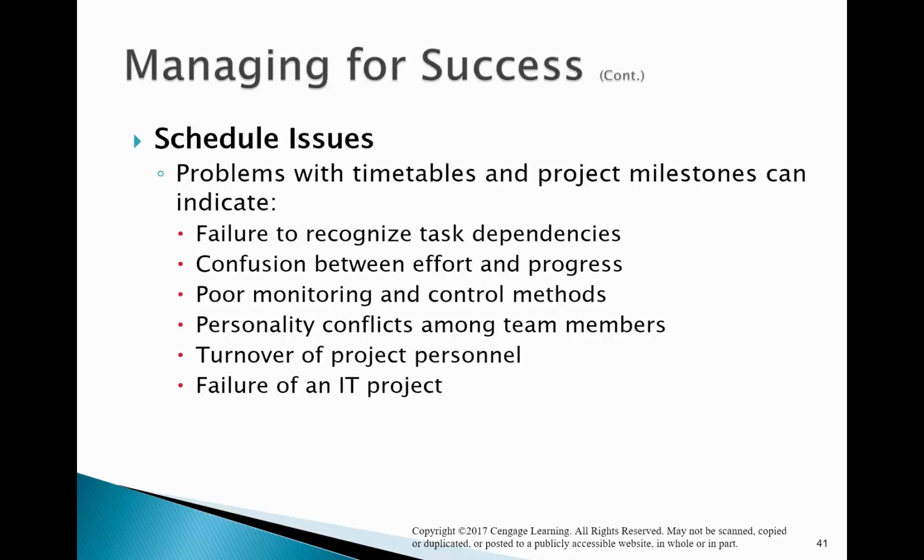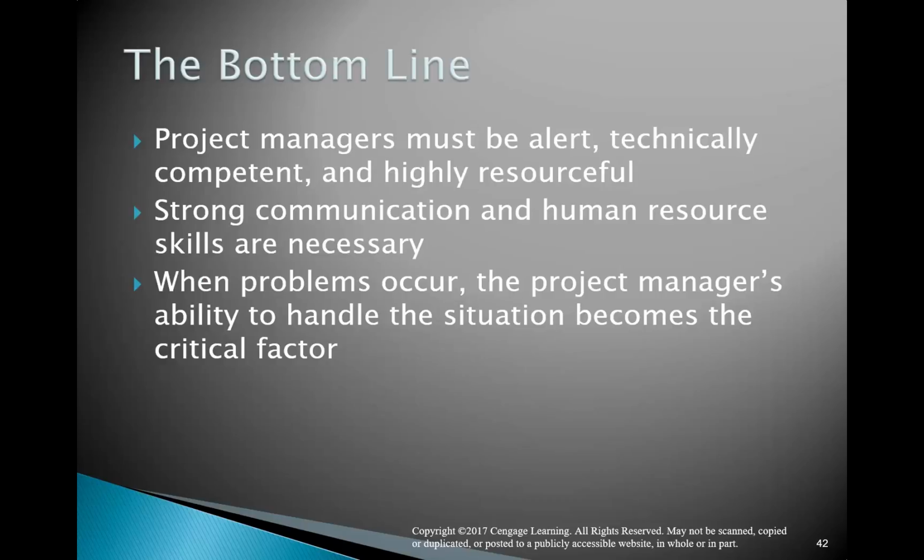So there's so much they can get involved in trying to schedule this and move everything around. So the bottom line for this right now is project managers must be smart. You can take that as being alert or competent or resourceful, but they must be smart. Communication is the downfall. That really needs to be the first bullet, when problems develop.